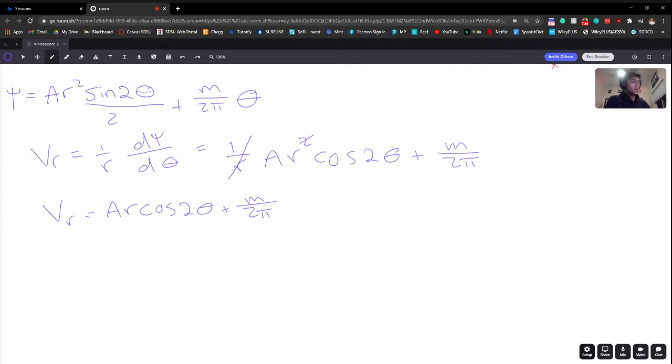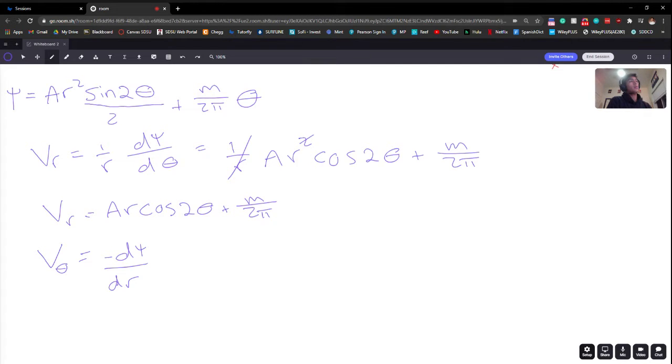We can also find the angular velocity, v sub theta, and that's going to equal the negative derivative of psi with respect to r, because from a flow field, if du dx and dv dy sum to 0, one of them has to be negative.